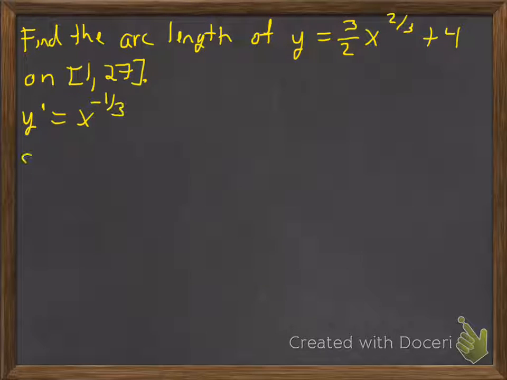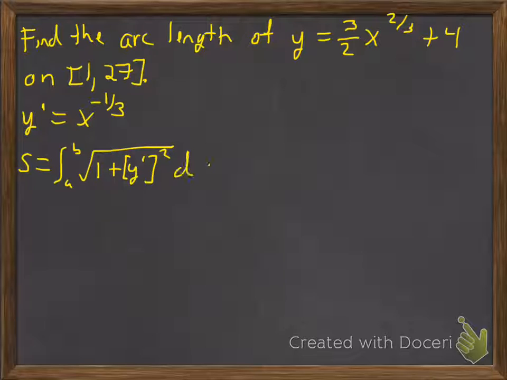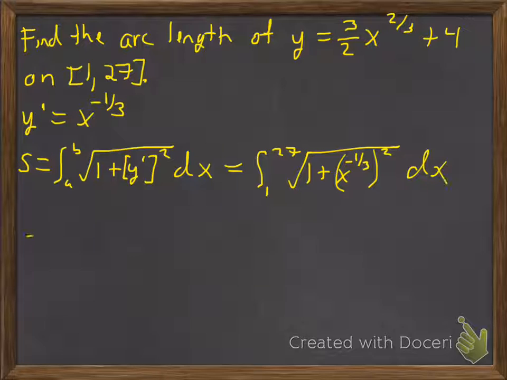So y prime is going to be x^(-1/3). And our arc length is the integral from a to b of the square root of 1 + (y prime)² dx. So that's the integral from 1 to 27 of the square root of 1 + (x^(-1/3))². And this is exactly the thing we were working on in the previous slide.